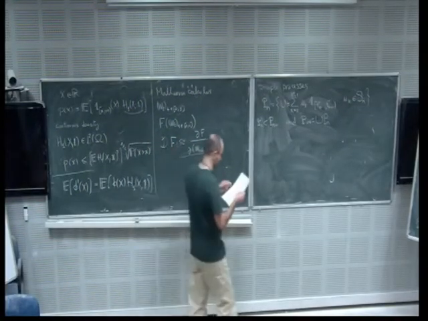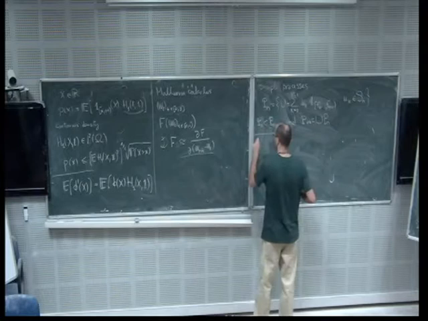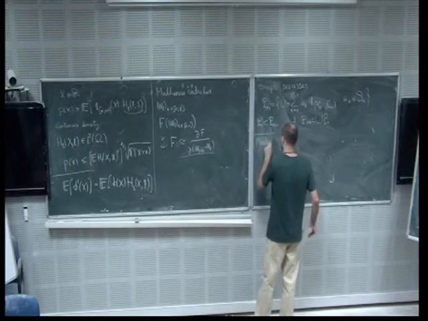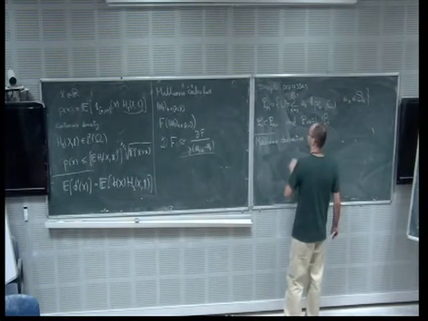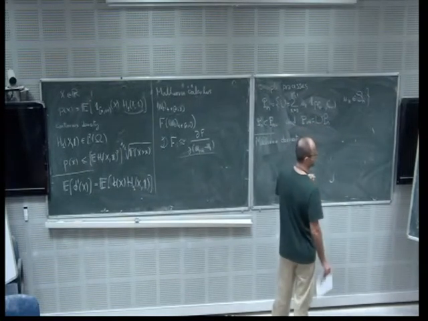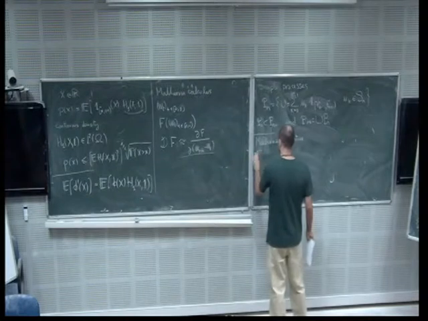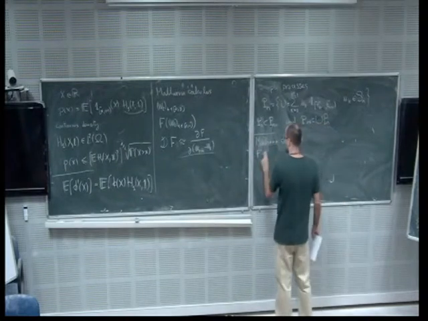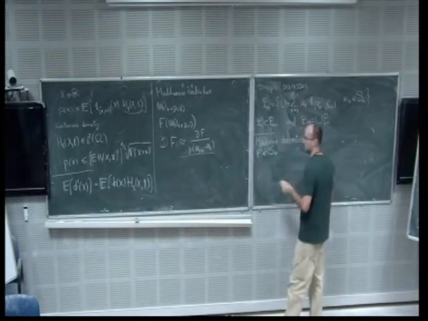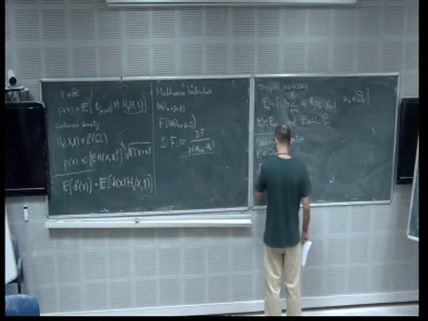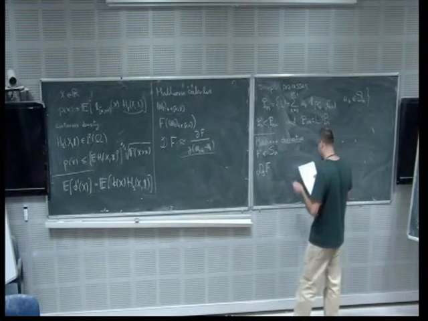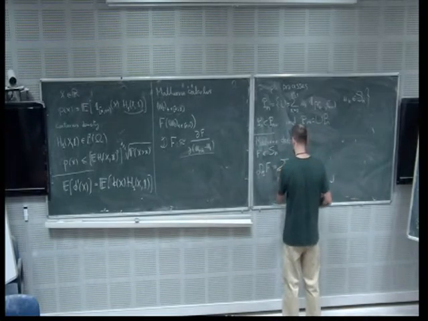And now, define the Malliavin derivative. So take a simple function f in Sn, for any n, and then the derivative is the sum from 0 to 2^n minus 1.